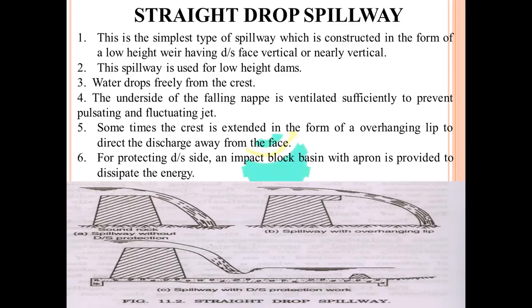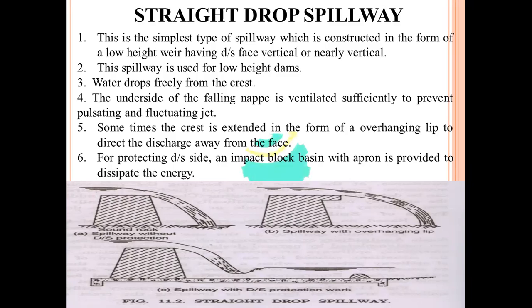Water drops freely from the crest. Water is flowing from the crest like this. There is no shutter. This is the crest part, so water flows freely from the crest. The underside of the falling nappe is ventilated sufficiently to prevent a pulsating and fluctuating jet.